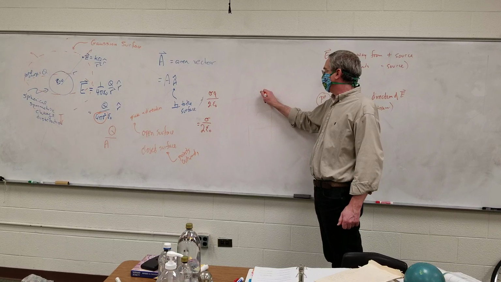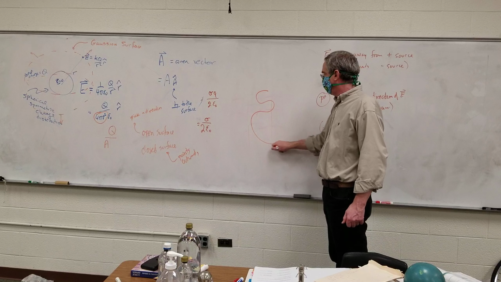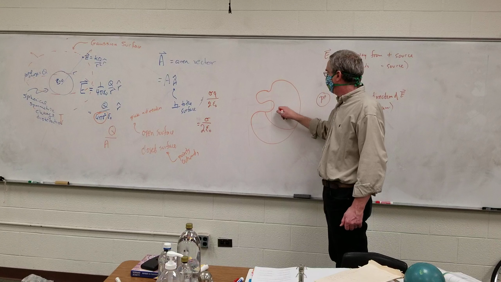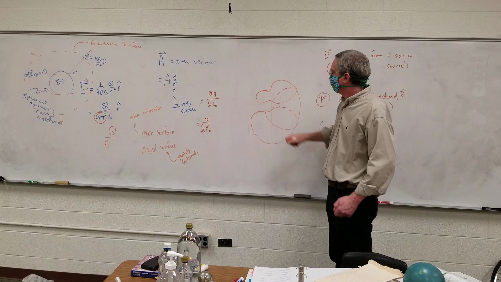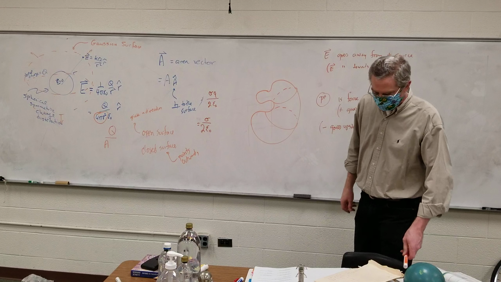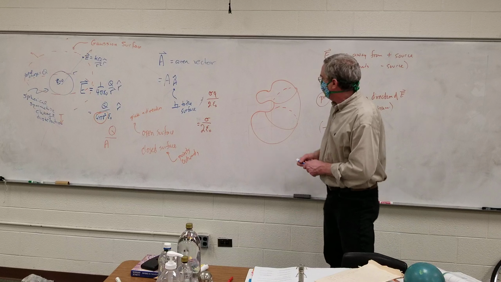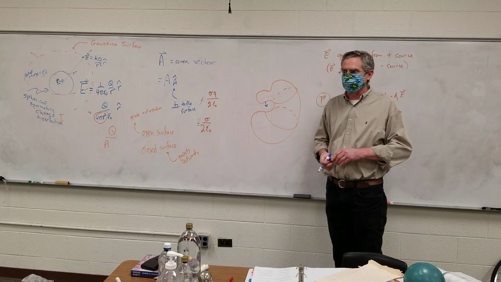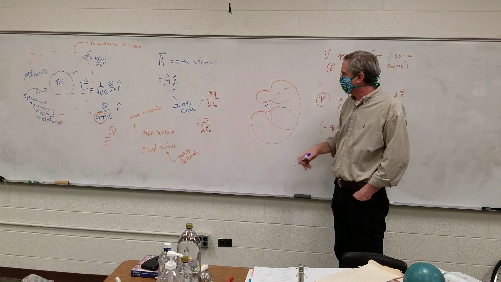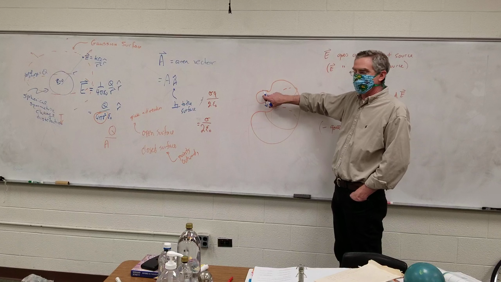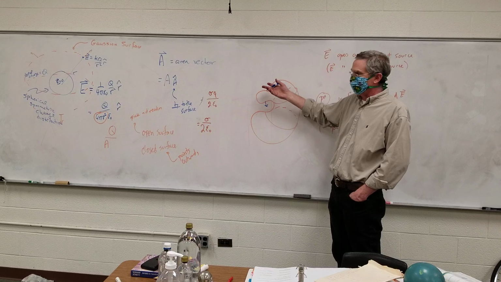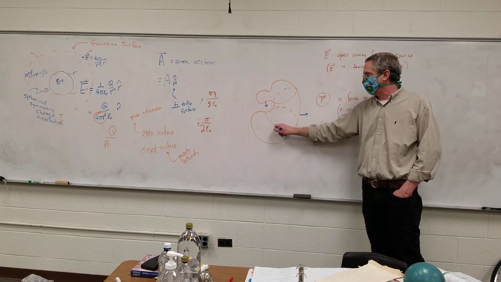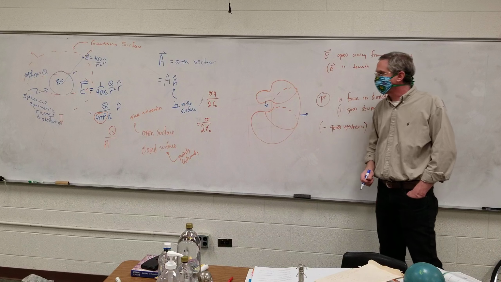If I have a surface that is strangely shaped, the area vector at this point points that way. That's still considered to be pointing outwards because it's not pointing into the immediate surface. Area vector here is pointing that way. At this point, it's pointing that way.